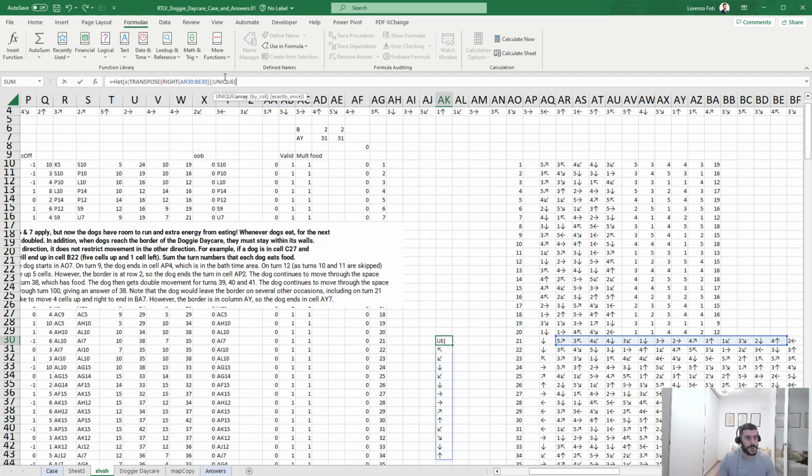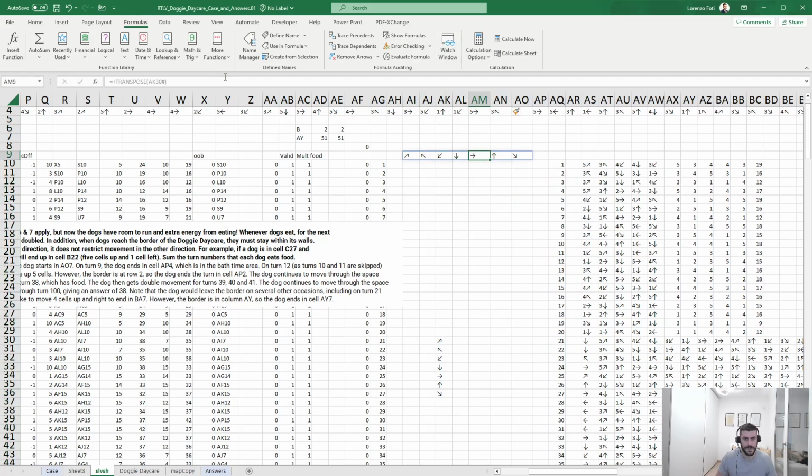I will do a unique of x. I didn't need the let, but anyway.